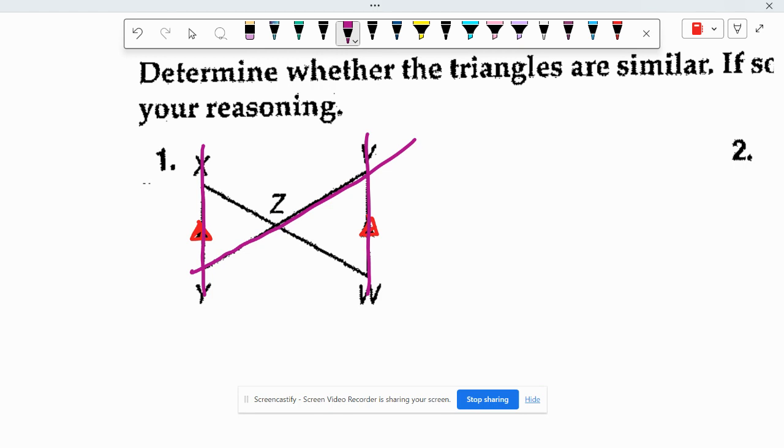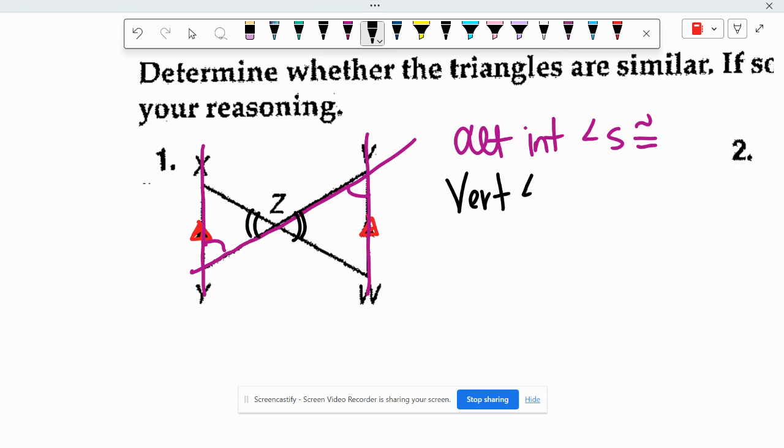What do I know about this angle and this angle? Why? Good job. Alternate interior angles are congruent. So I have those two angles marked. What do I know about these two angles? Why? Vertical angles are congruent.